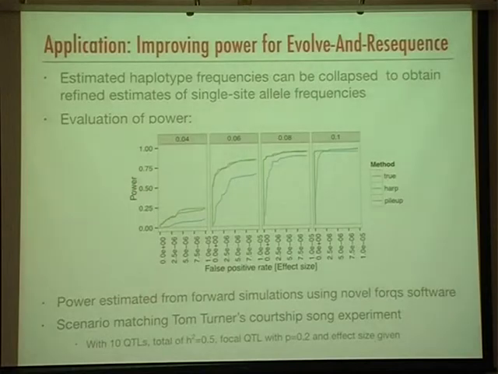Okay, so how does this actually help when it comes to these evolve and resequence studies? Well, if we're taking an allele frequency-based approach to identifying regions of the genome that have changed during the experiment, we can take the haplotype frequencies for any window and collapse them down to get site-by-site allele frequencies, because for every set of haplotype frequencies, there's a set of allele frequencies that must hold.